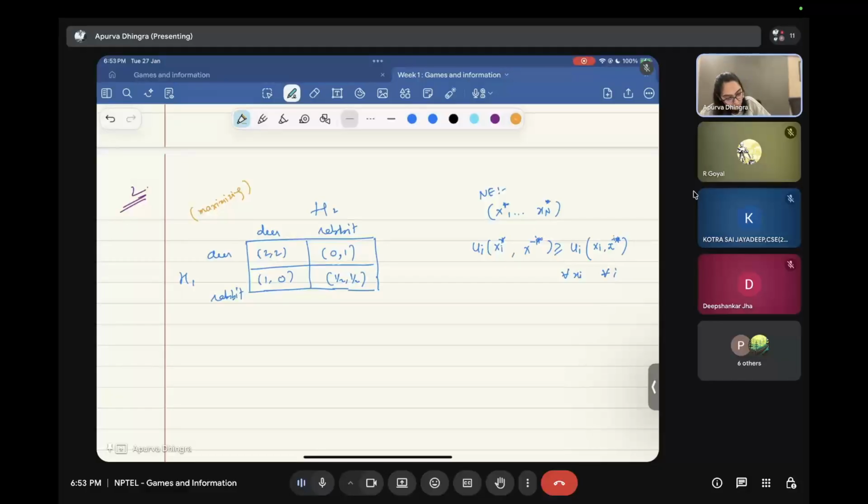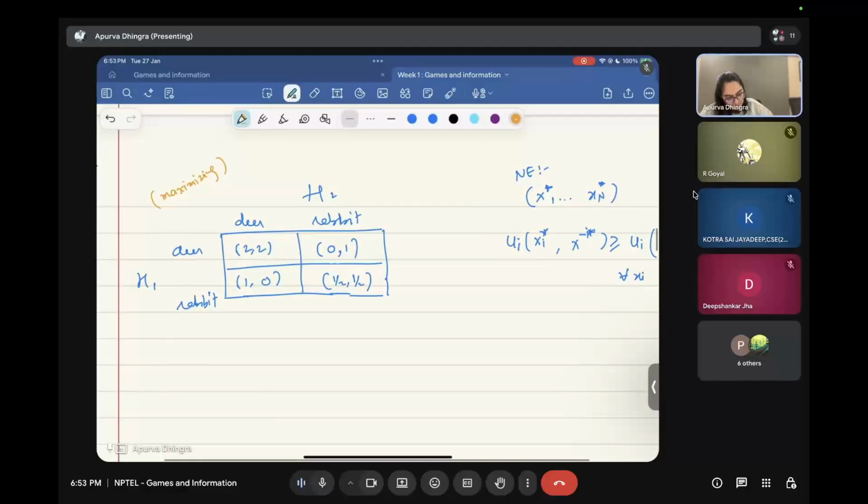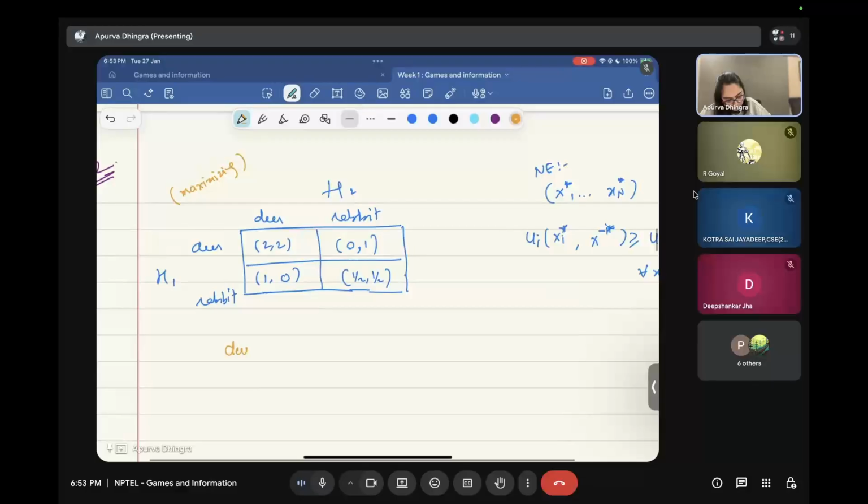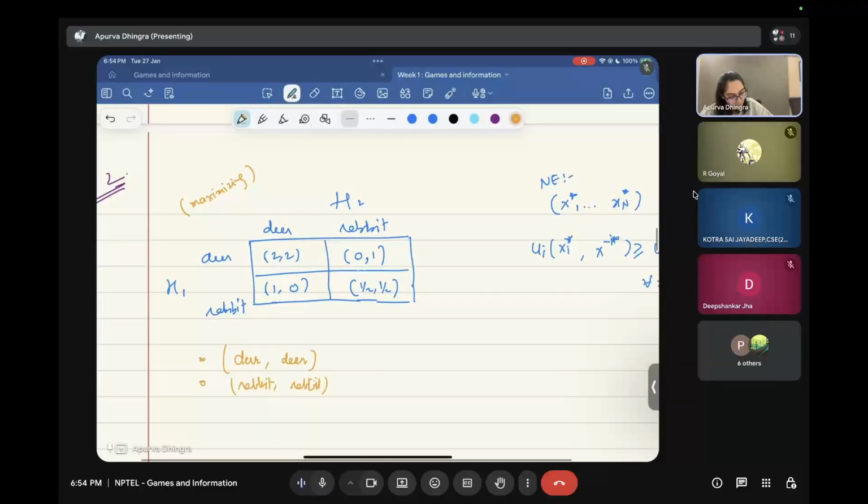Okay, so now two things have been said. There are two possibilities, either it's deer, deer or it is rabbit, rabbit. You can look at it in the following way.